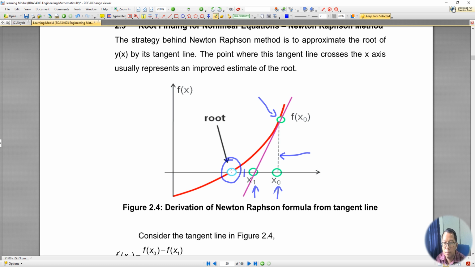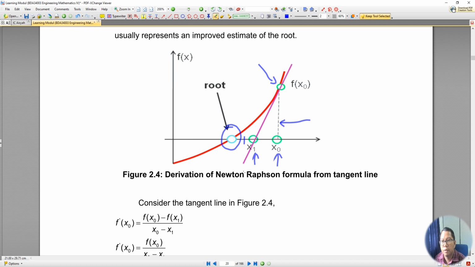So based on figure 2.4, we have the derivation of the Newton-Raphson formula from the tangent line.